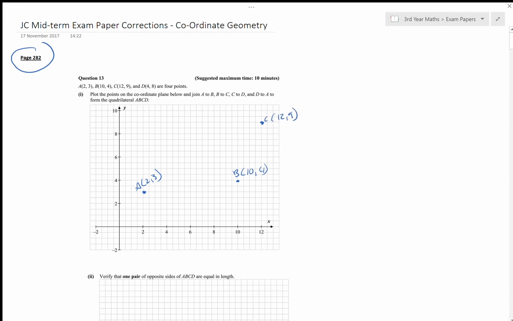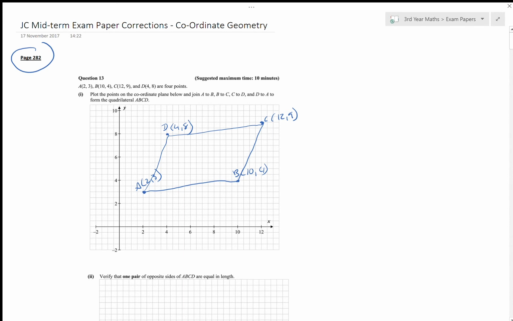And finally, you go to 4 on your x-axis and up as far as 8 on your y, and plot your point D, which is 4 and 8. The question then asks you to plot the points and join the lines together, giving you a shape that is a quadrilateral, 4 sides.